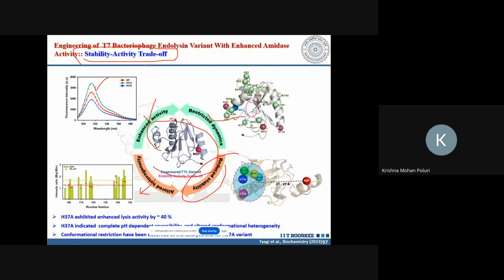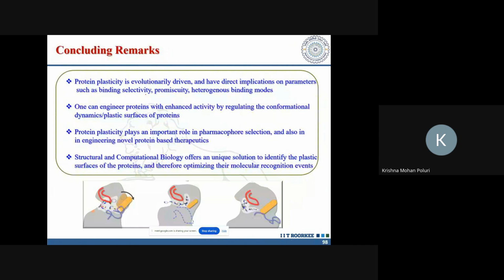It has to give up a little bit of its stability so that it can behave like a better enzyme. So these are some of the conclusions: proteins are evolutionarily plastic.